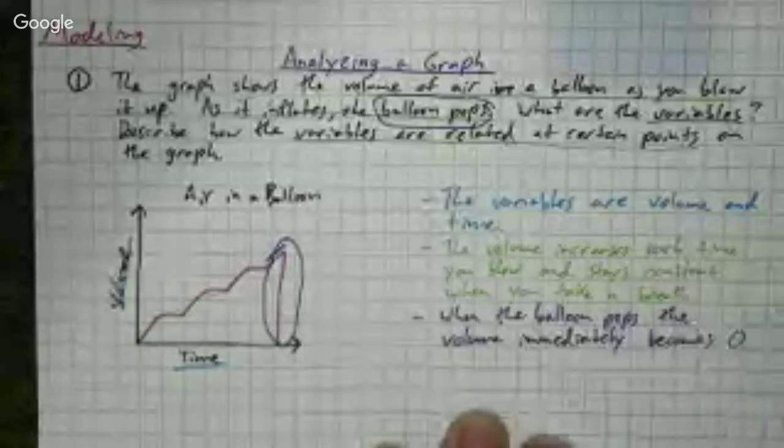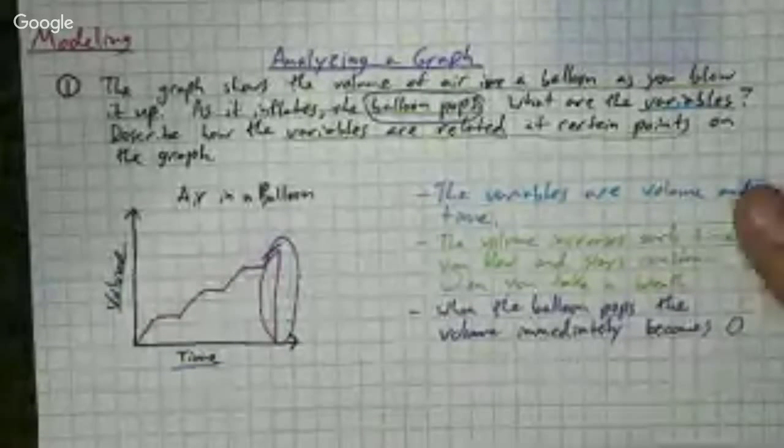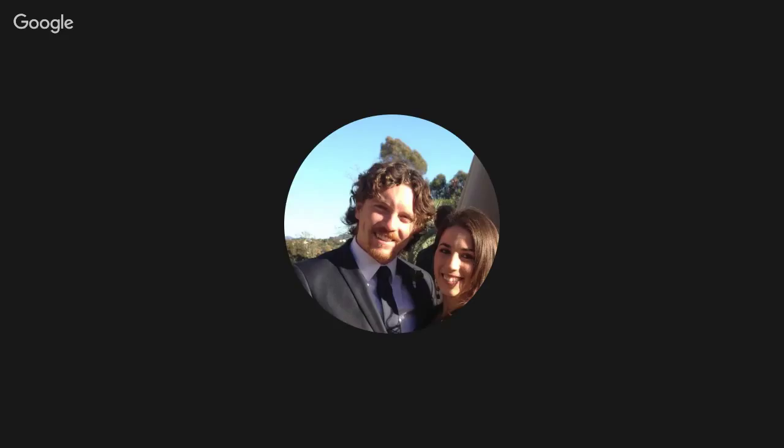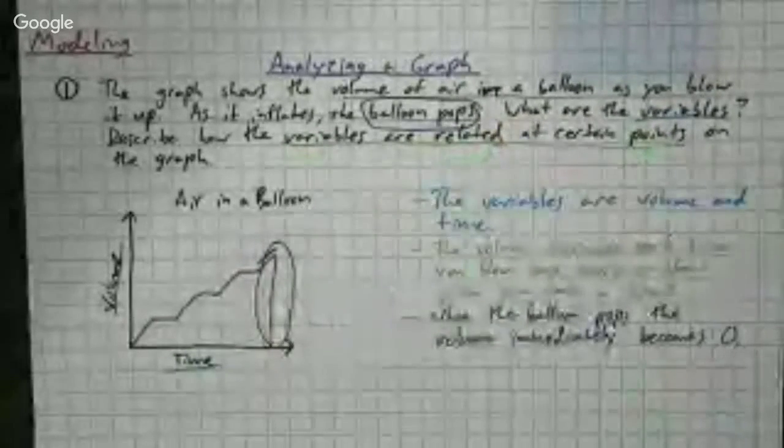So we know the variables and we understand the graph. You put volume into it, you stop to take a breath, you continue and continue and continue. And then the balloon is very full, you try and put more volume into it, the balloon pops and immediately you have no more volume. And that would be our graph.